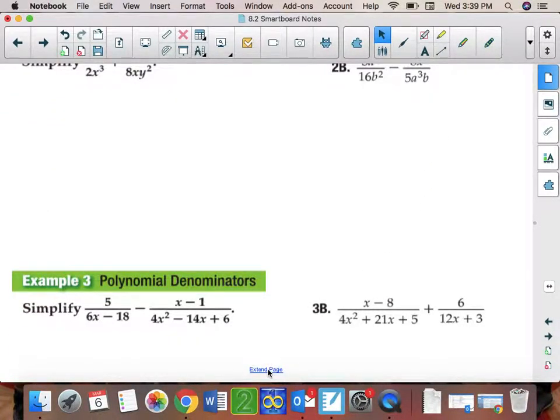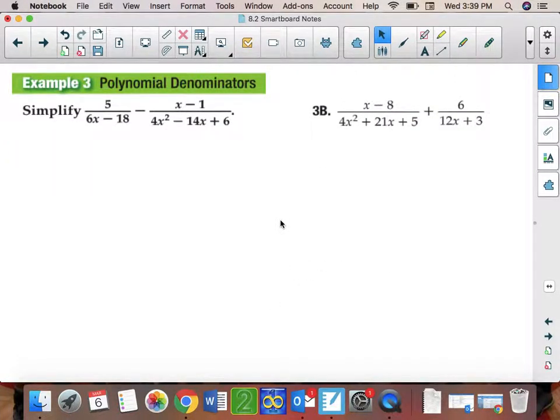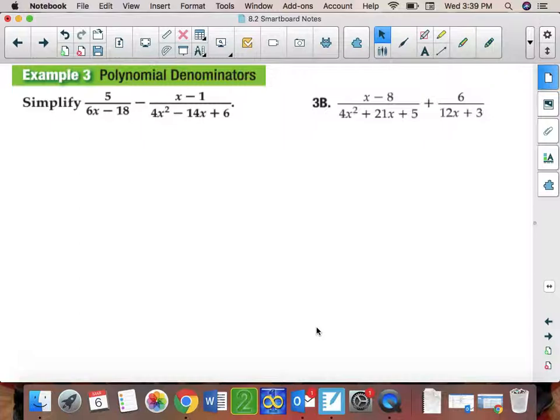Now we're going to look at what happens when we have polynomial denominators. Okay, so before we can find the LCM, we need to factor them out first. So we're going to start with this denominator here, and I could factor out a 6, and I'd be left with x minus 3.